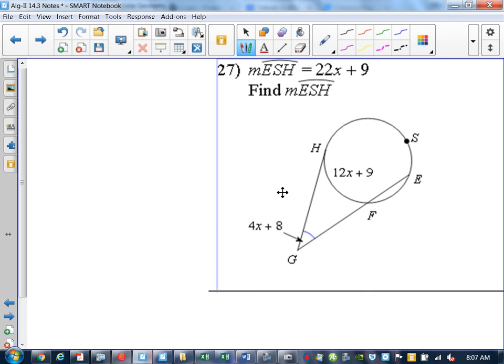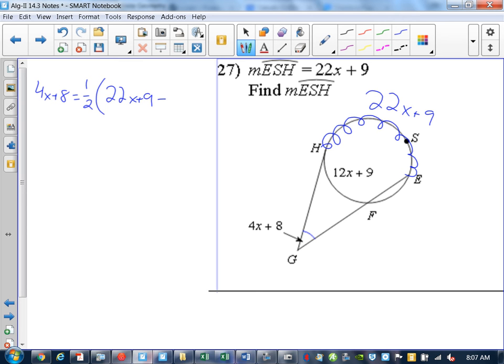So the arc here, 22x plus 9. So is this an outside, inside, or on angle? It's outside. Therefore, I'm going to write that the angle, 4x plus 8, is half. What's the far? 22x plus 9.